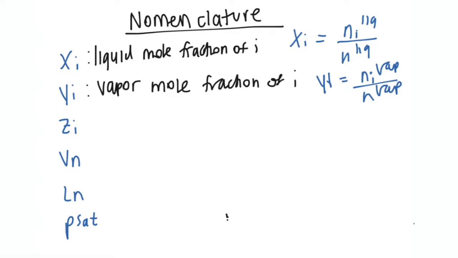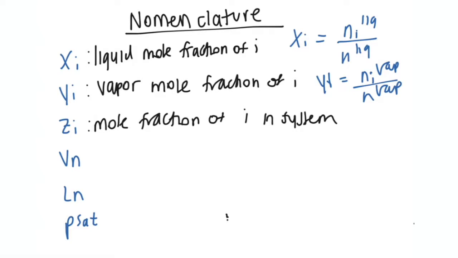Z subscript i is the mole fraction of i in the system. So if I have a mixture of hexane and butane, let's say, and I have liquid and vapor in some jar, my z_i is how much hexane I have in the system. So is it 0.5?